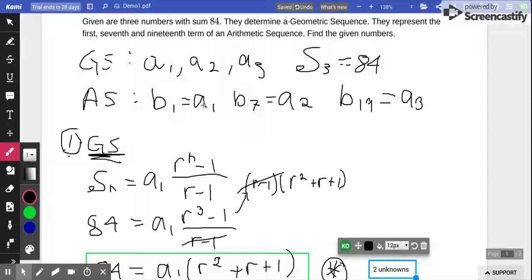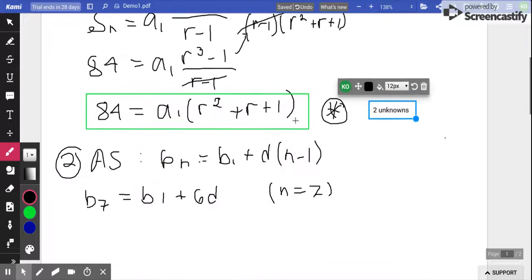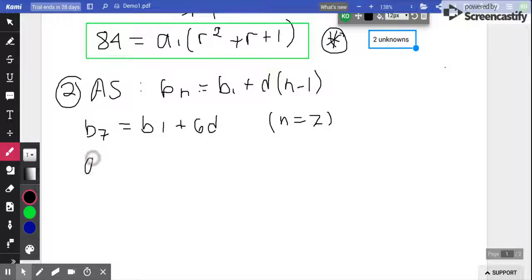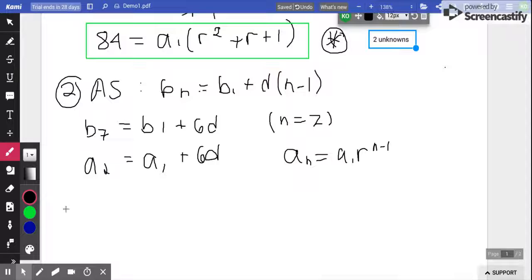We can swap it using A1 and A2, because B7 is really A2 and B1 is really A1. And we've got our 6D here. And like I said, our goal is to have A1 and R. This A2 here is a little bit annoying, but we know that A belongs to a geometric sequence for which the general term is always given by A1 times R to the power of n minus 1.